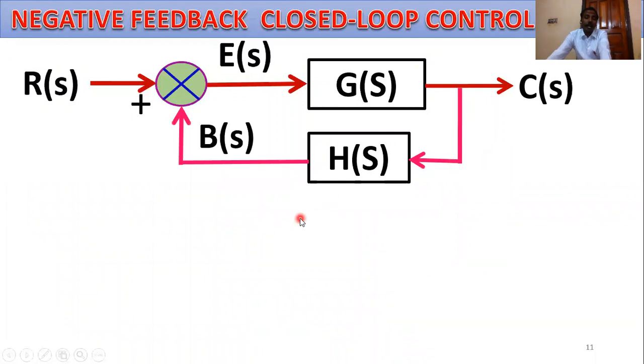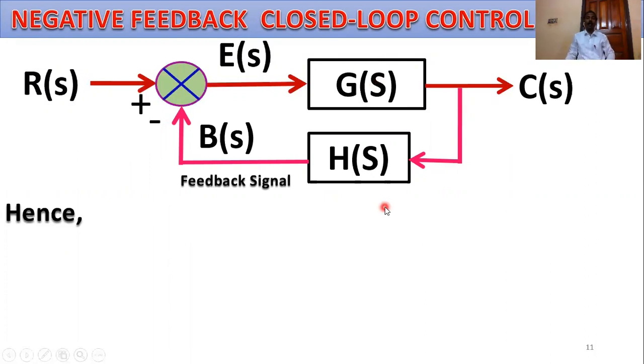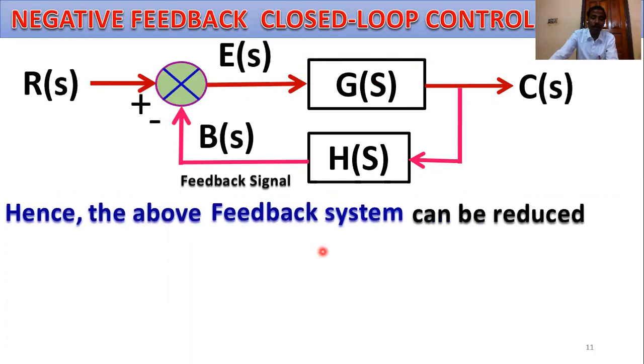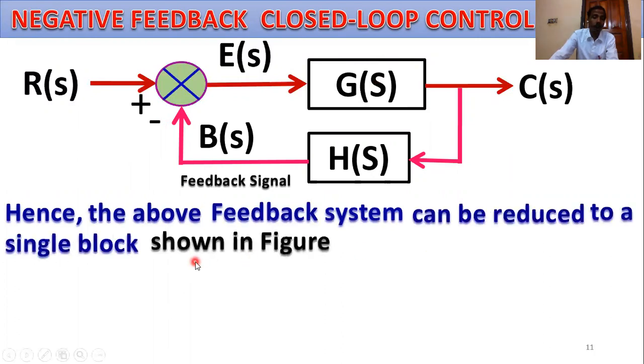So this is the feedback signal and this is the negative feedback. That's why this type of block diagram is called the negative feedback closed loop block diagram. Hence, the above feedback system can be reduced to a single block shown in the figure below.